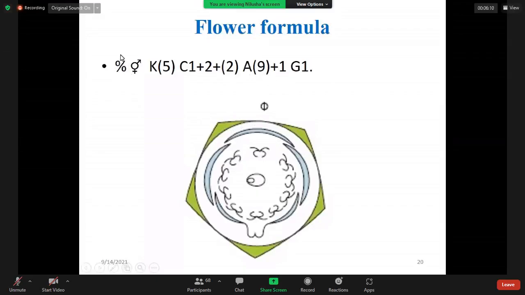Here, we already learned about the flower characters now. First, this symbol is explained because this flower is zygomorphic.